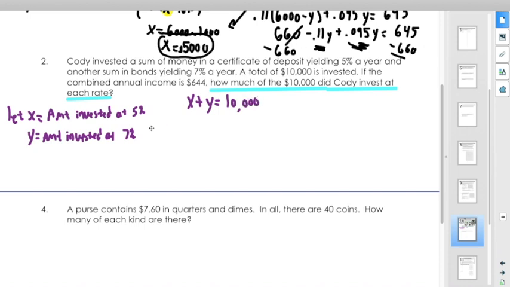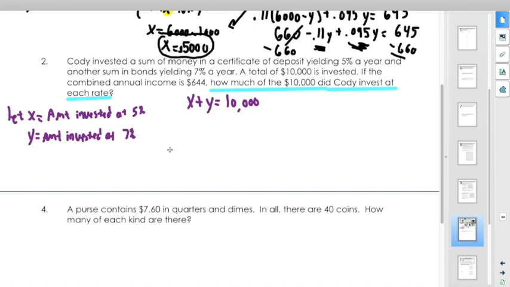Now it says if the combined annual income is 644, right? 644. How much of the 10,000 did Cody invest at each rate? Okay. So 5%. How do I convert this 5% to a decimal? Well, recall, it's just 5 divided by 100.